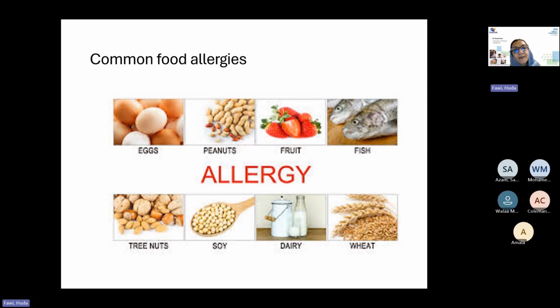I mean, people can be allergic to many things, especially with the diversity of the diet that we're now exposed to. All the foods are present in supermarkets. So things that are international, we're now exposed to here in UK. But these are the common foods that we ask about in an allergy clinic.